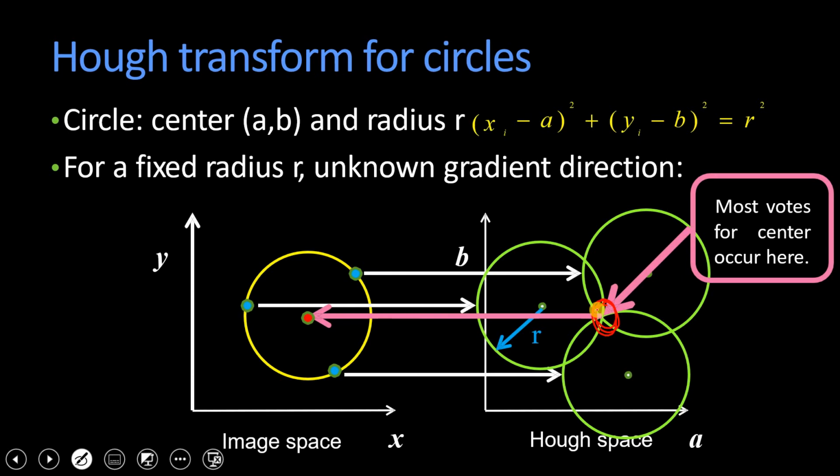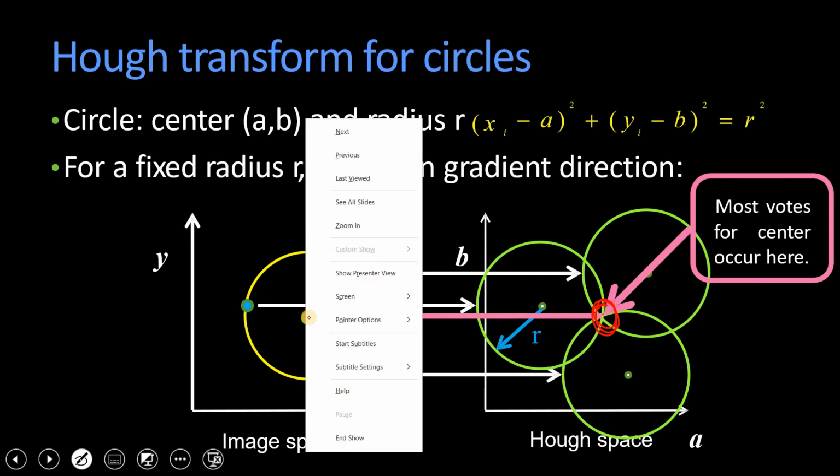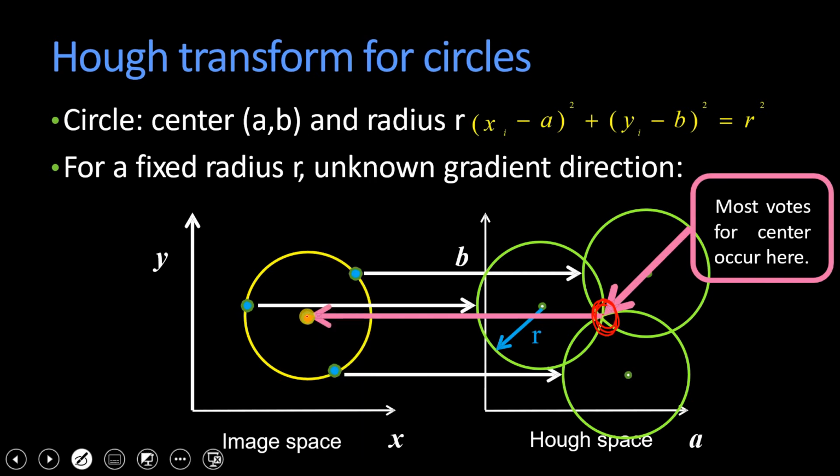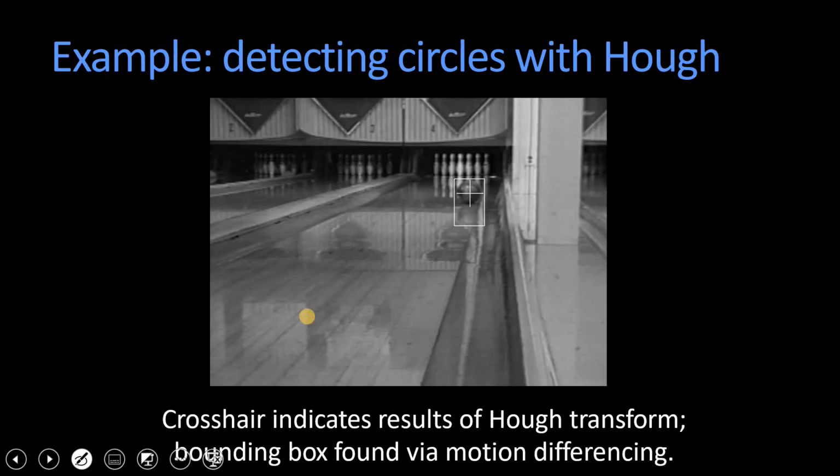So the point over here will give me effectively this center point, and because the radius is already known, from this center point I can easily draw a circle. Okay, so go through it. If you have questions, you can ask.